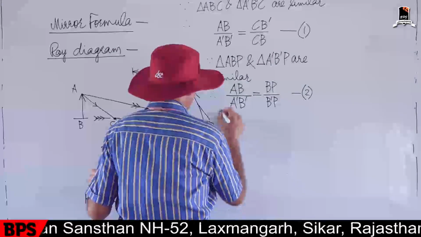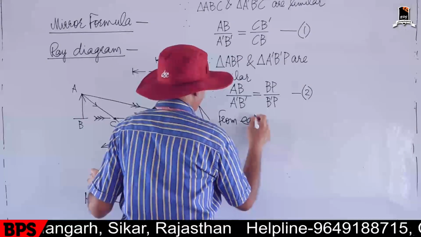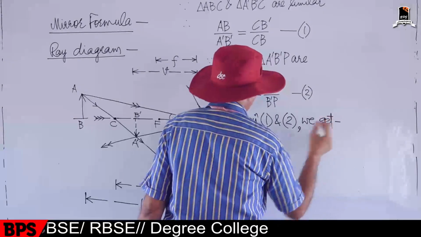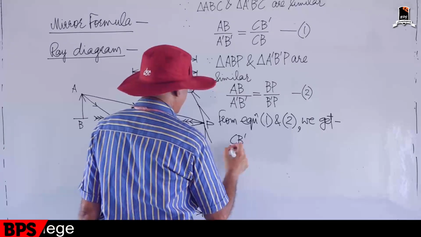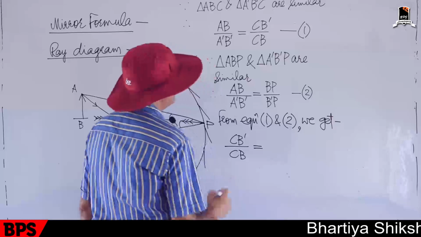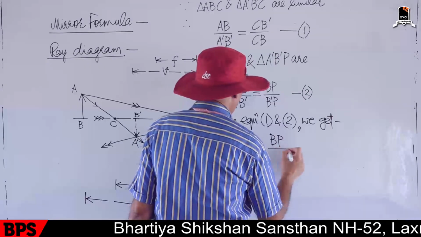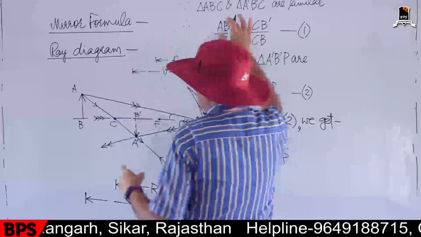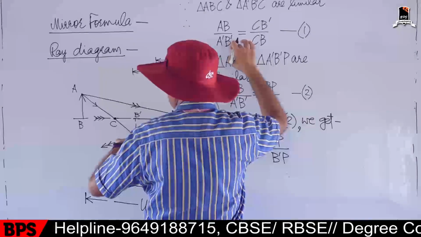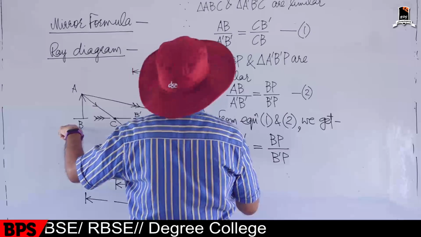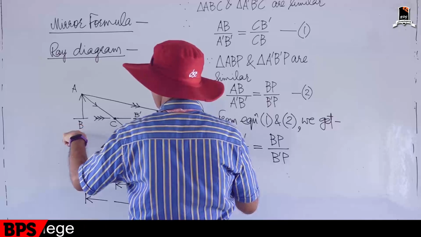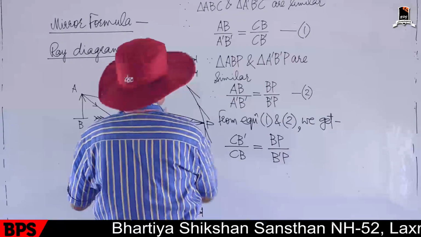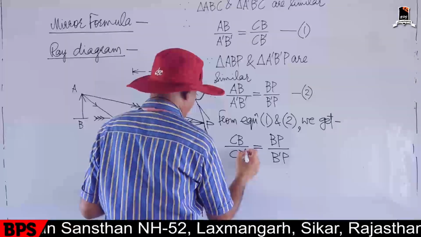So you can say that from equations 1 and 2 we get CB dash by CB is equal to BP by B dash P. AB corresponds to CB, and A dash B dash corresponds to CB dash, so it is CB dash in the denominator.